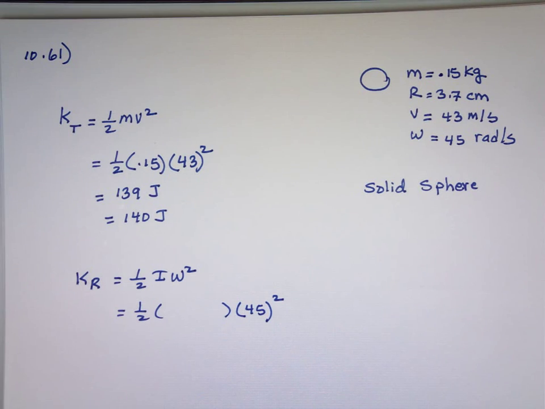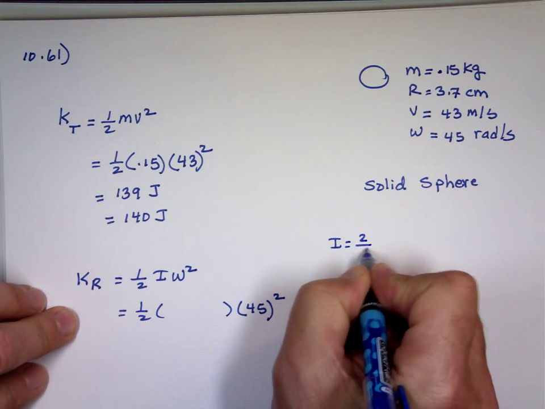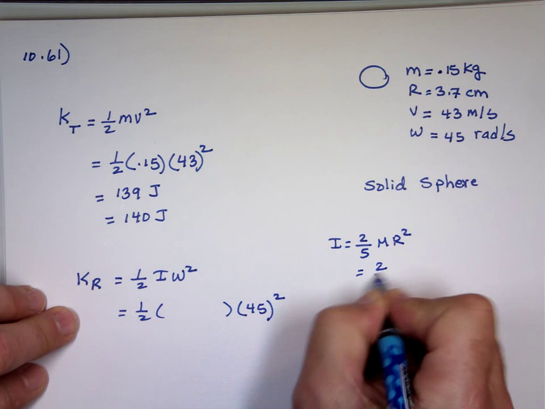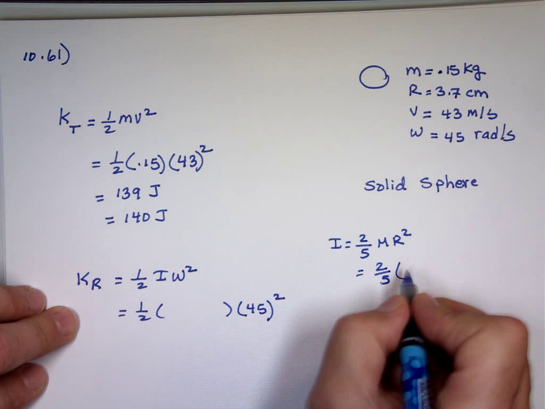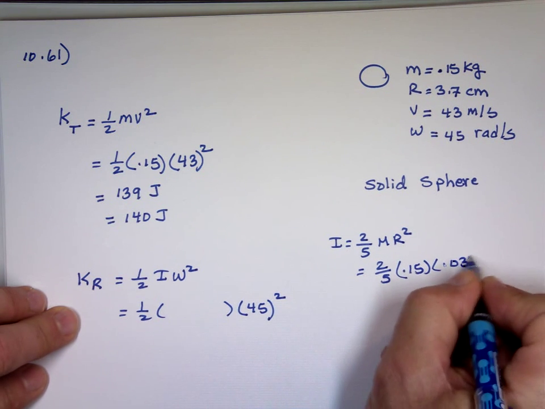So let's calculate the inertia. M is 0.15, and R is 0.037 squared.